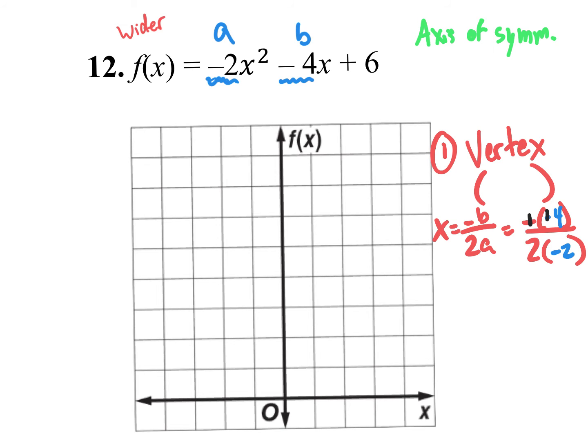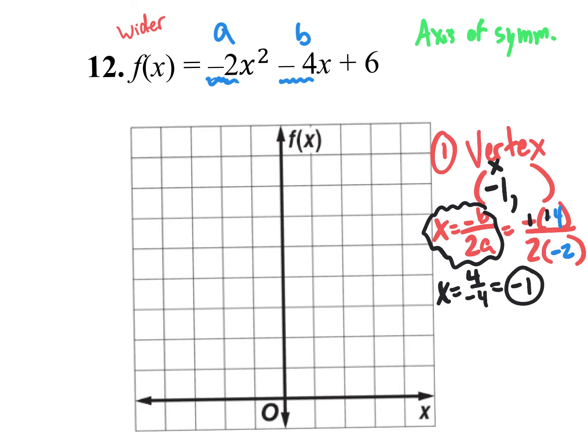You have a minus 4, which changes to a positive 4, and 2 times negative 2 is negative 4. So we end up with x equals positive 4 over negative 4, which means that x equals negative 1. And what did we just find with this formula? We found that x equals negative 1 on the vertex.